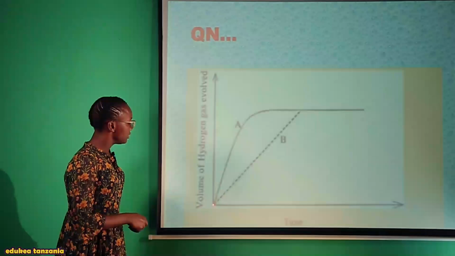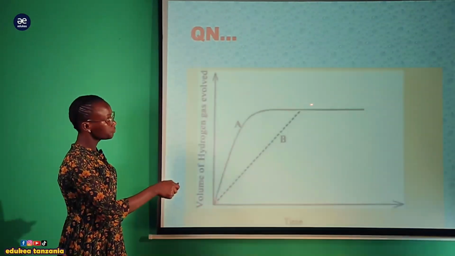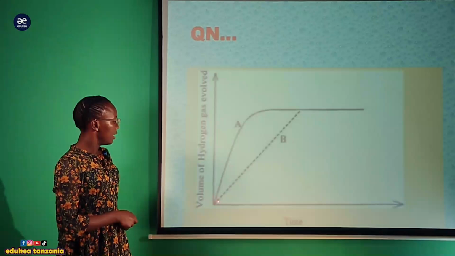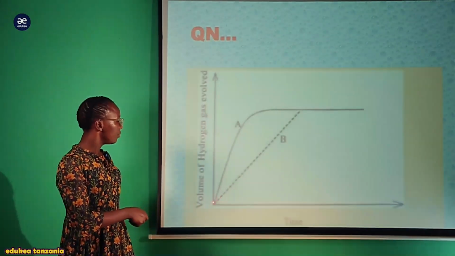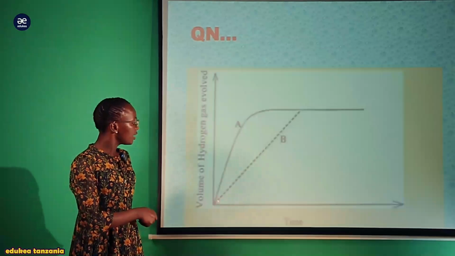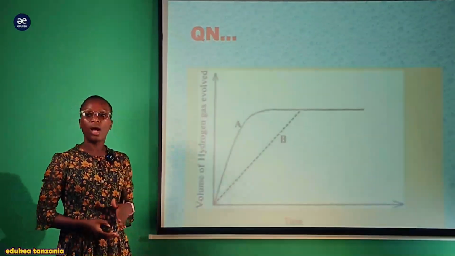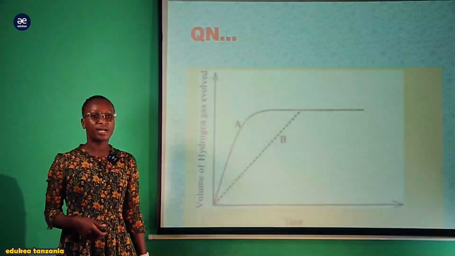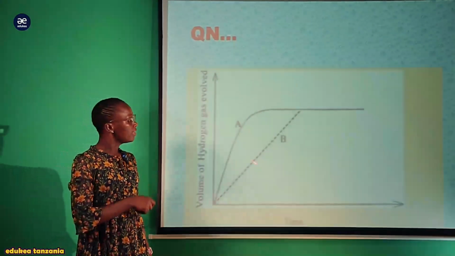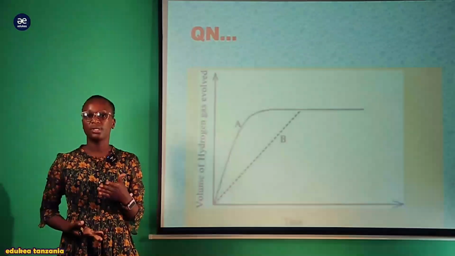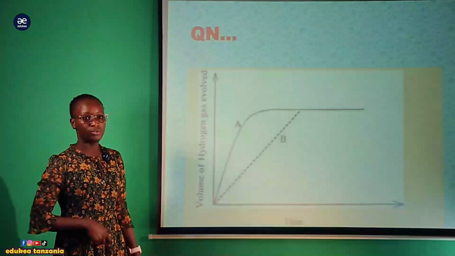So this is experiment A, ambapo tunaona graph yetu imeenda namna hii, but also this is experiment B, ambapo tunaona kwamba hapa the ratio between the time and this volume imekuwa straight, kwamba hii plot ya graph involves a straight line. So from here now, kwenye hii graph ndo hapo tunakutana sasa na maswali.